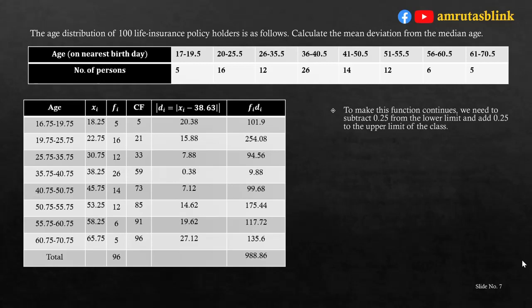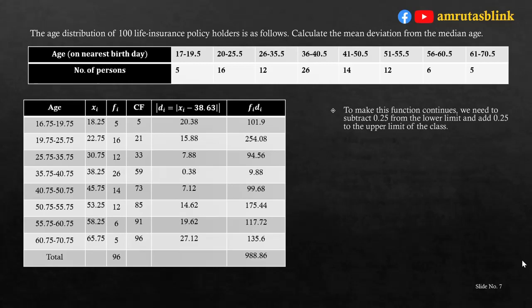Similarly, second class will be now, instead of 20 to 25.5, it will be 19.75 to 25.75, and so on. Next class will be from 25.75 to 35.75.